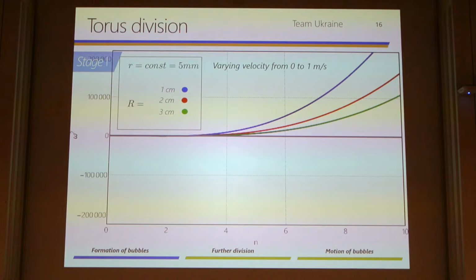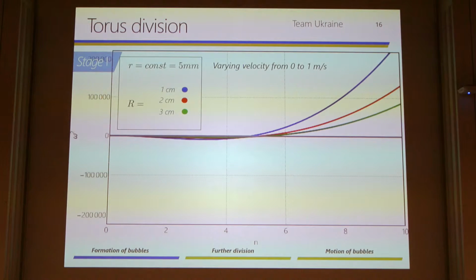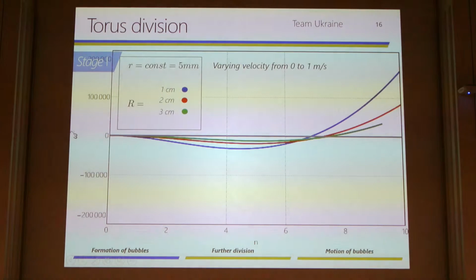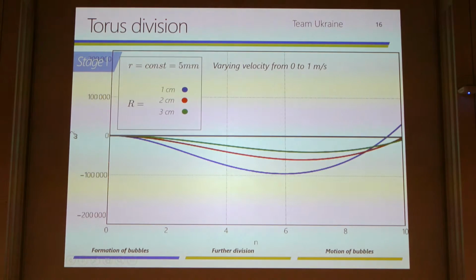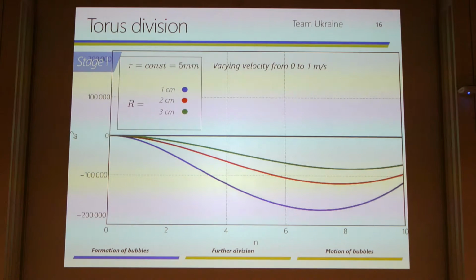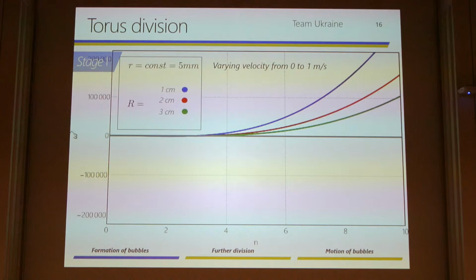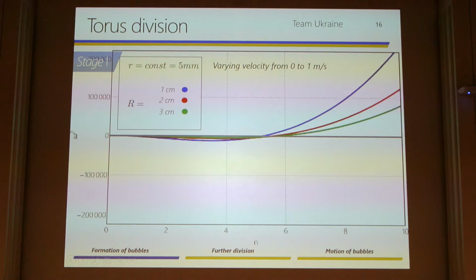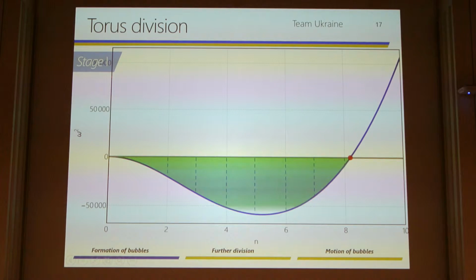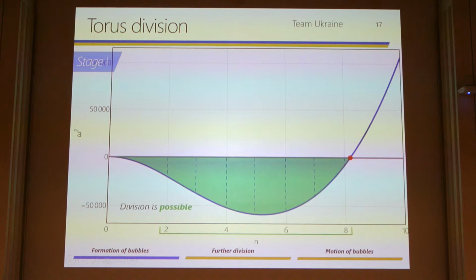Here you can see the animation that shows the dependence of these dispersion curves on different radius for different velocity. And for example, for this one dispersion curve, we see that division is possible only for a number of bubbles up to 8.